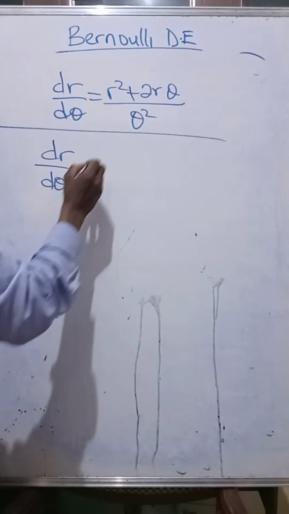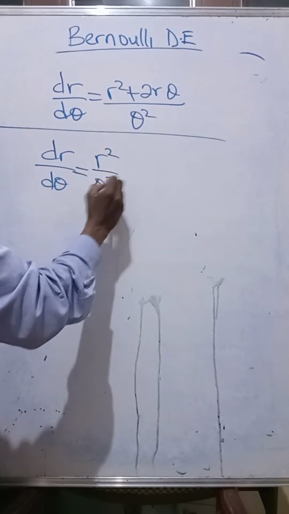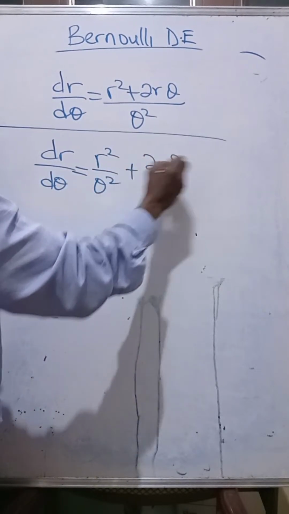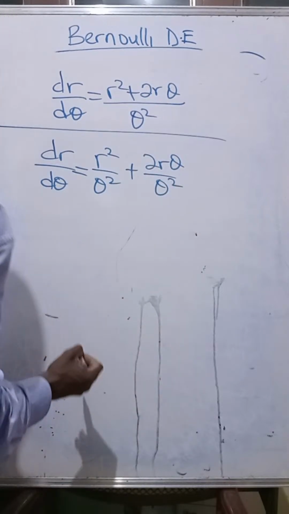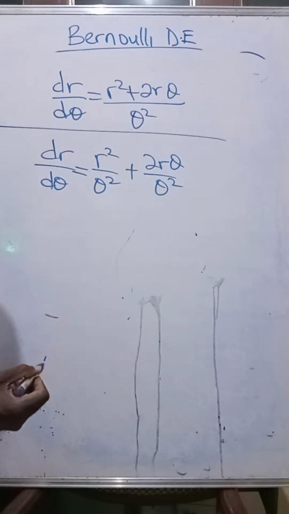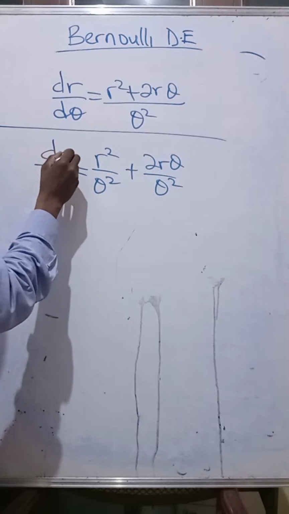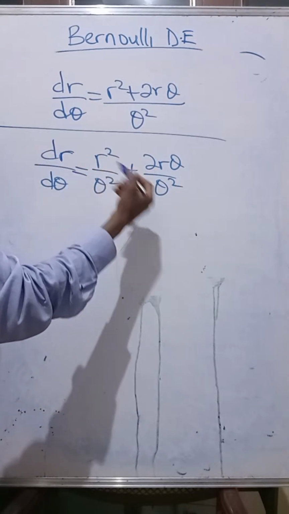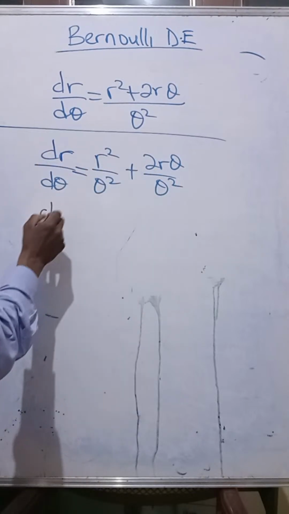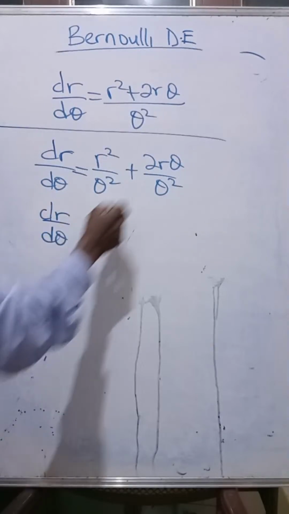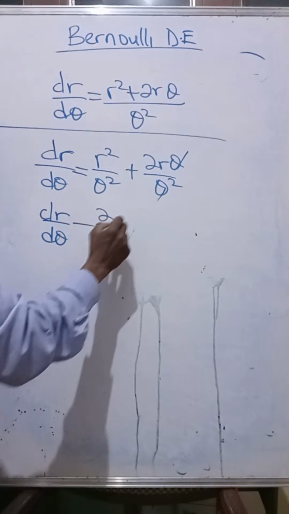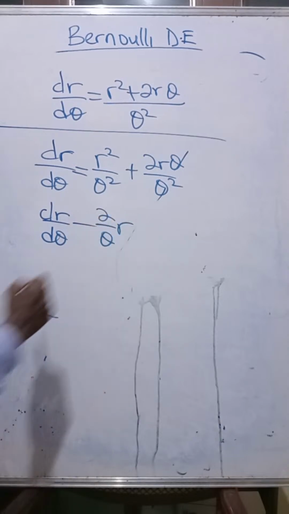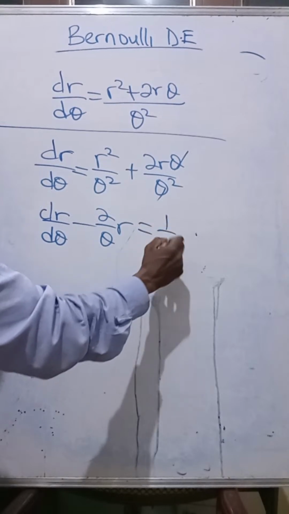That will be this one over this one plus 2r theta over theta squared. Then this is r, so we need another r to follow. So this will be dr/d theta. This one and this one will cancel, so minus 2 over theta r equal to 1 over theta squared r squared.